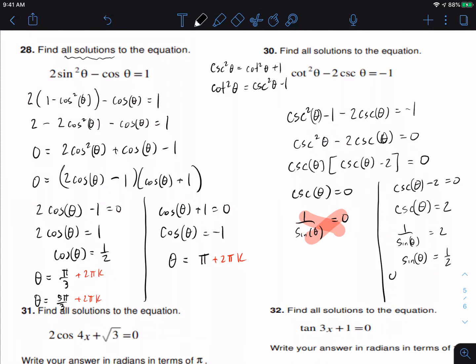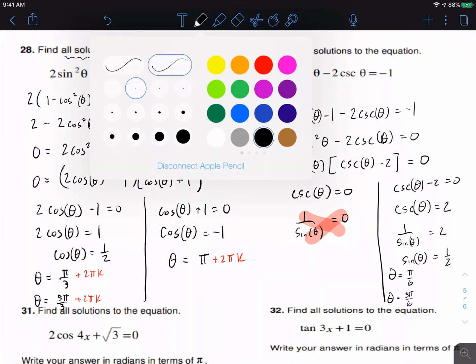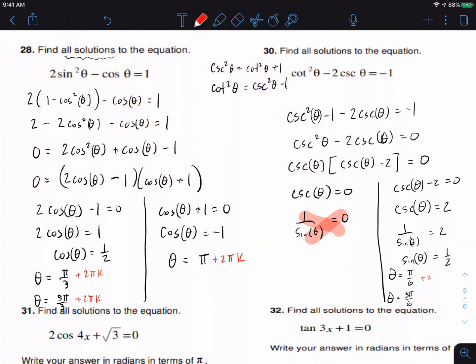So my theta is going to be equal to pi over 6, or my theta is going to be equal to 5 pi over 6. But again, we need to add plus 2 pi k to each one of them. Are we okay with that? Yeah? Okay.